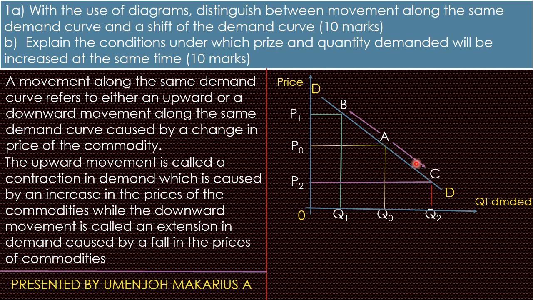We'll see that a decrease in price from A to C gives rise to what, guys? An extension in demand. Likewise, an increase in price from A to B gives rise to what, guys? A contraction in demand.